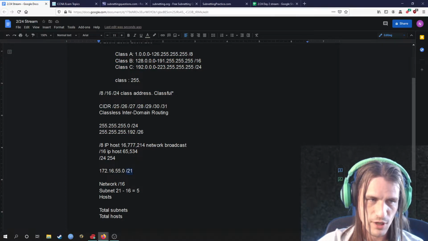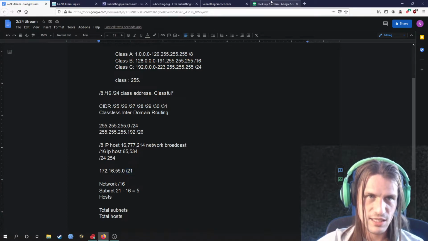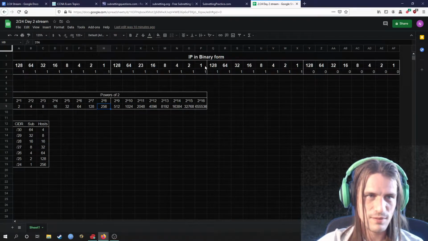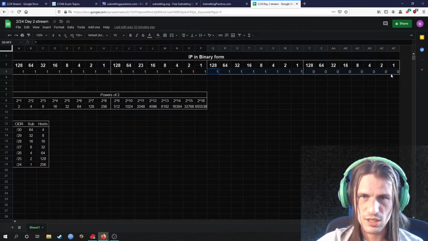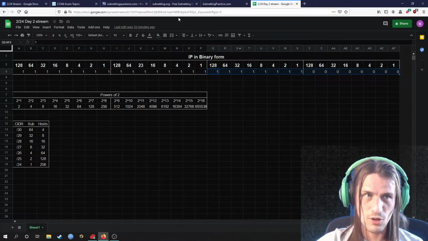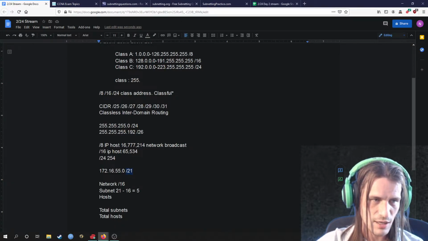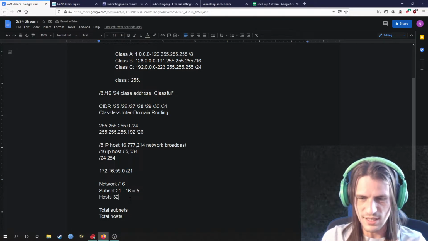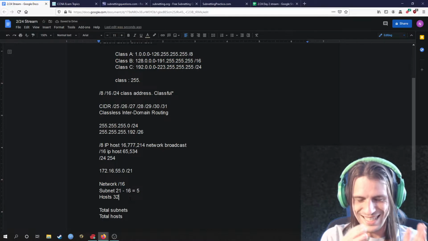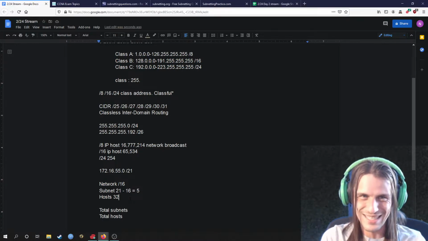So if we're at 21, that pulls the mask over in the octets. That means what used to be 16 host bits is no longer 16. It's now 32 total, because if you have 4 octets, that's 8 plus 8, 16, plus 8, 24, plus 8 is 32.